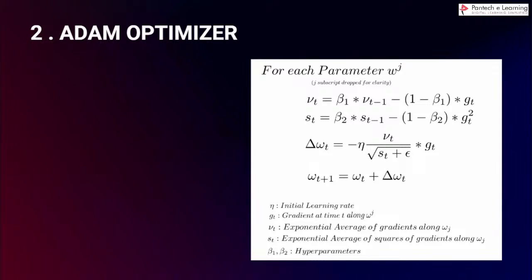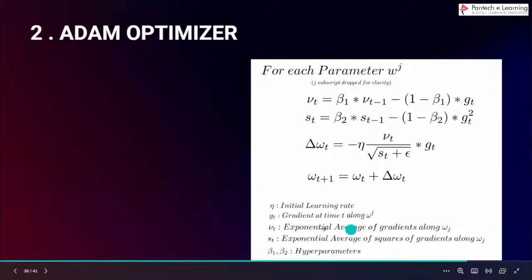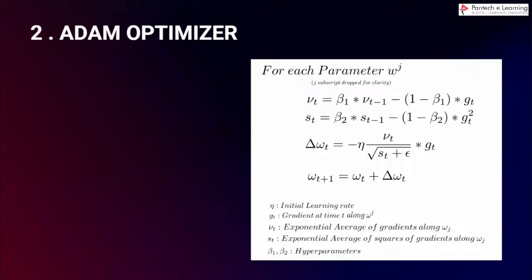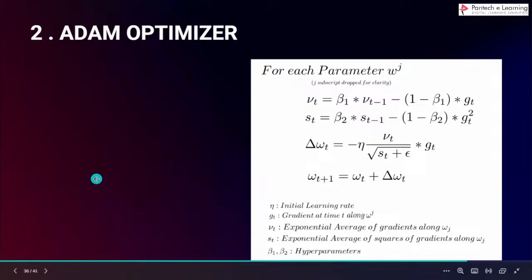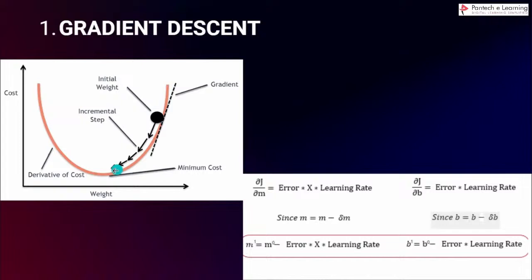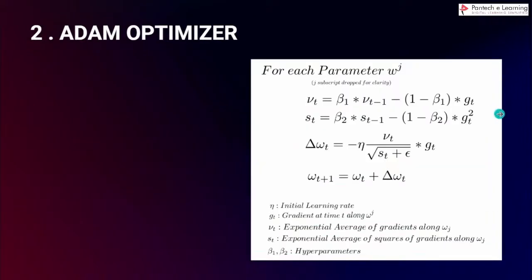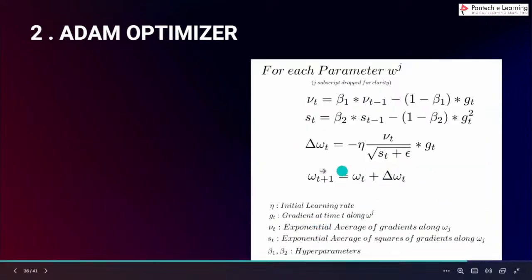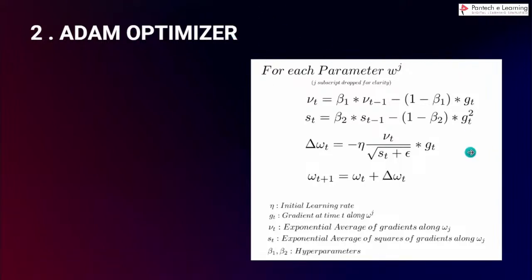The learning rate, weight and bias are updated, and it is done by taking an exponential average. When it moves, it will consider the previous steps for the next one also and take an average. That's what is known as a moving average, or exponential average, taken so that it achieves the global minima. Updating the learning rate also plays an important role. The Adam optimizer will be used in many places.